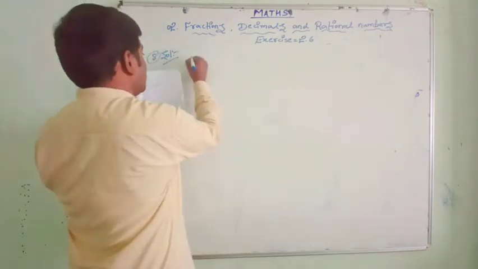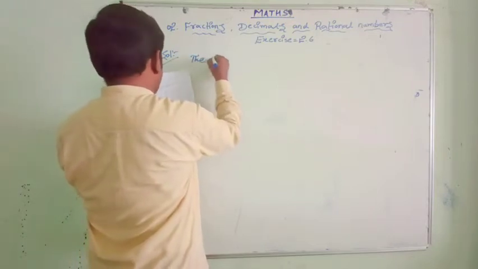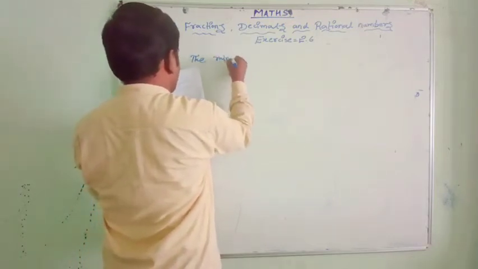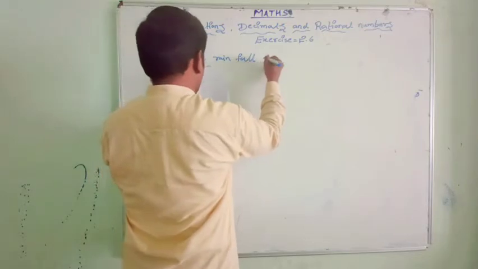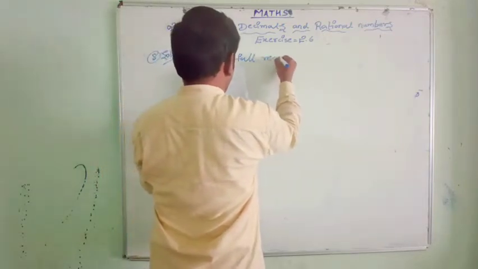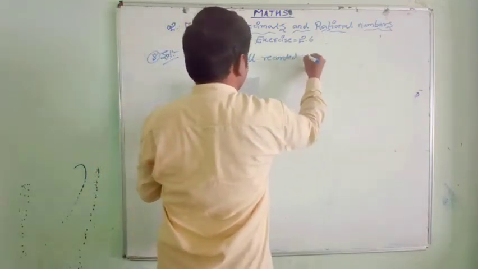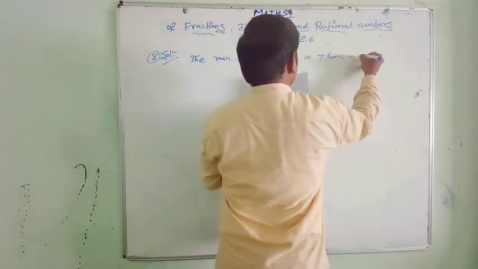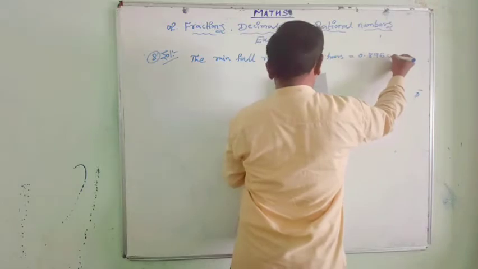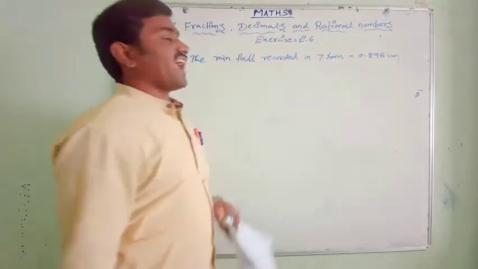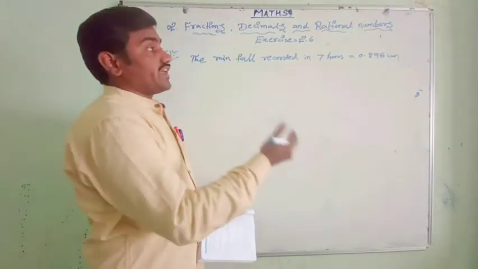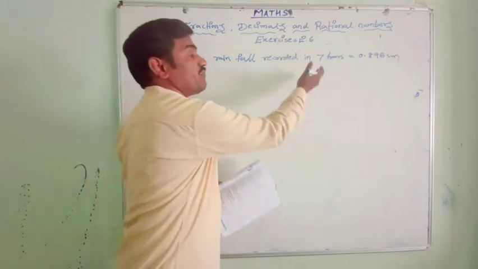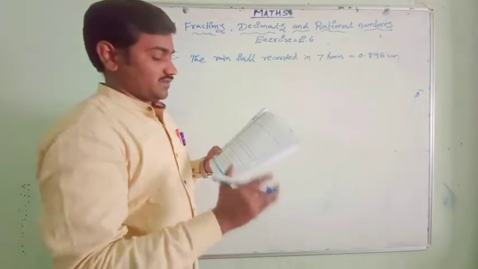Therefore, the rainfall recorded in 7 hours is equal to 0.896 centimeters. 0.896 centimeters of rain was recorded in the first 7 hours.